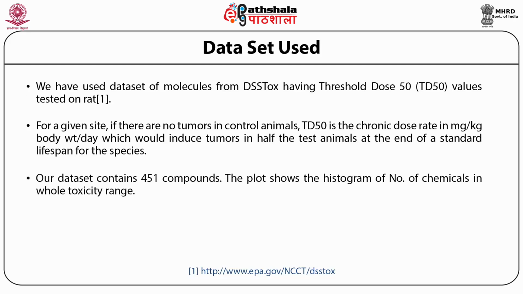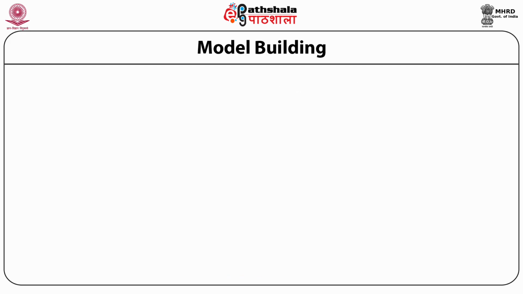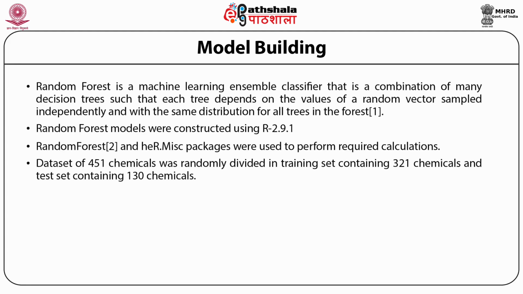Our data set contained 451 molecules, and I will show you one of the topics of toxic range in the next few slides. The method is the model building. We use the machine learning random forest model, divided into training set and test set, with 321 chemicals in training and 130 in the test set.